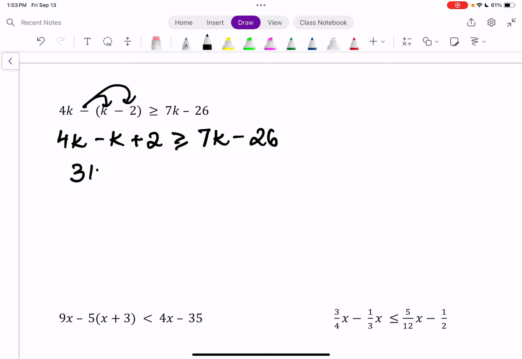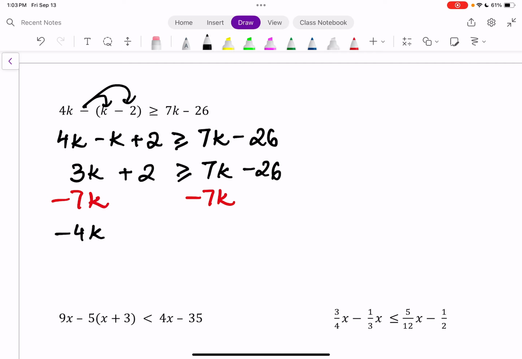Combine like terms if you have any. Get the variable terms to one side. So I'm going to minus 7k. Get the constant terms to the other. So I'm going to get rid of the 2 because it was added. I'm going to minus it.